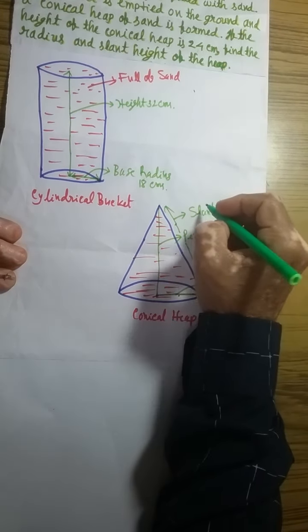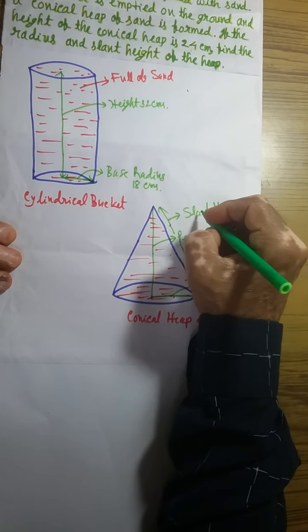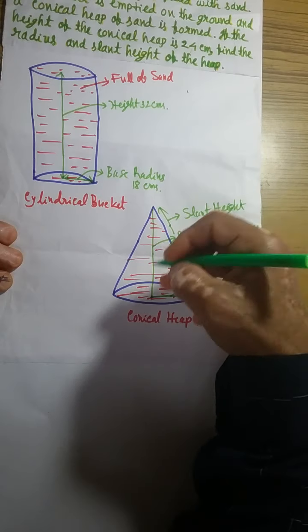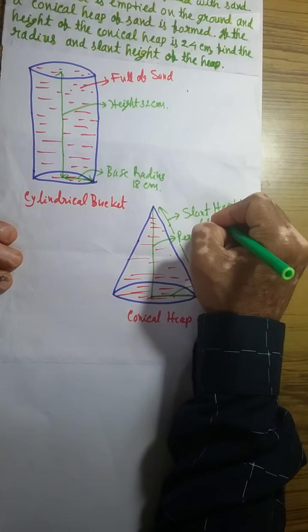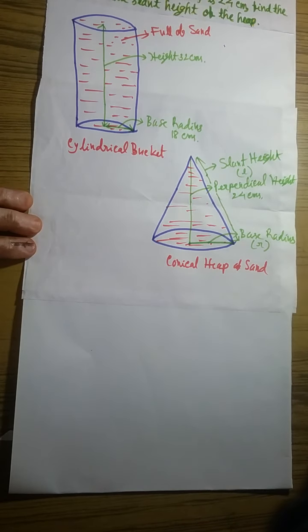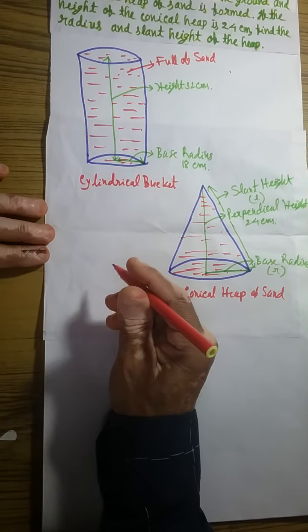In this question we will consider the slant height of this conical heap of sand to be L centimeters. So after this, let us write in this way.